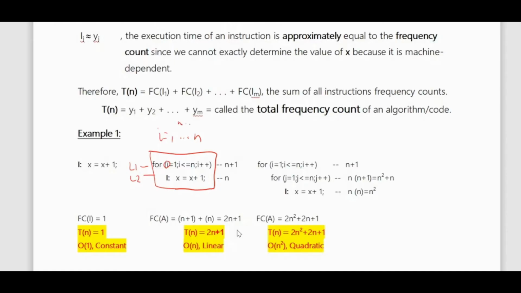So number of iterations is n. That is when I is equal to 1 up to I equal to n. Now, if say for example n is equal to 5, then your I is from 1 to 5. There will be 5 iterations.